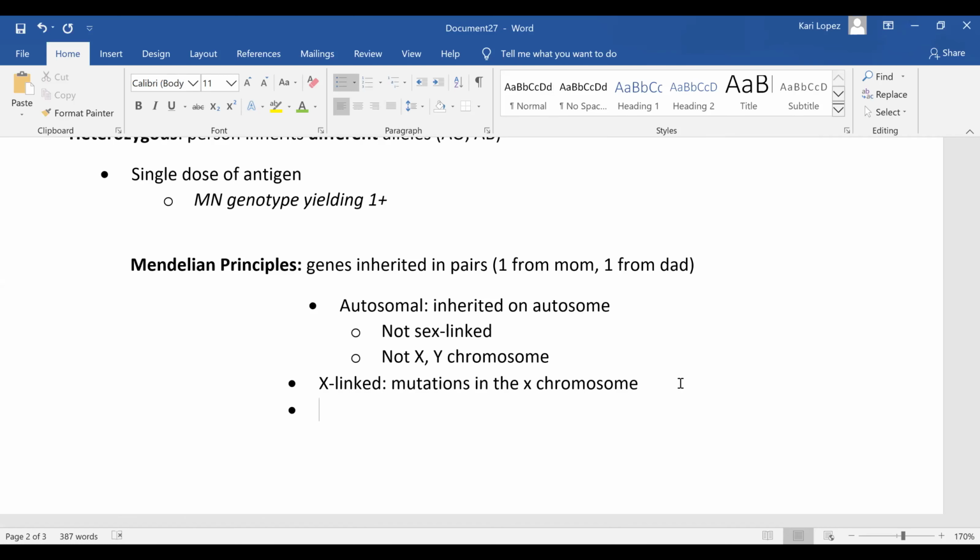And then our next term is dominant. The gene is expressed over another. So brown eyes is an example.